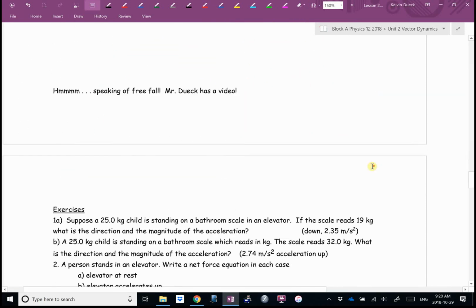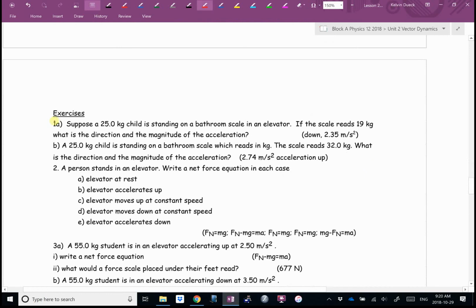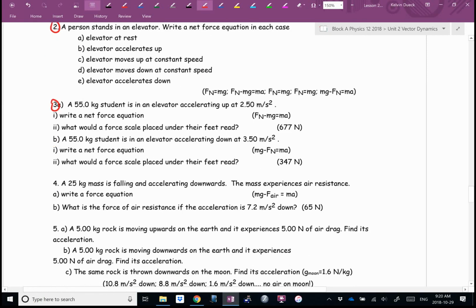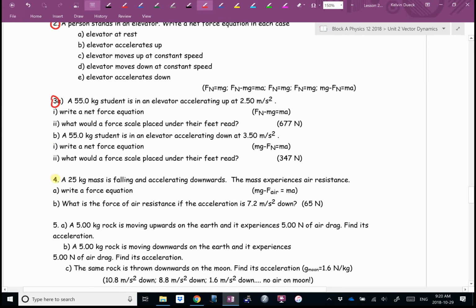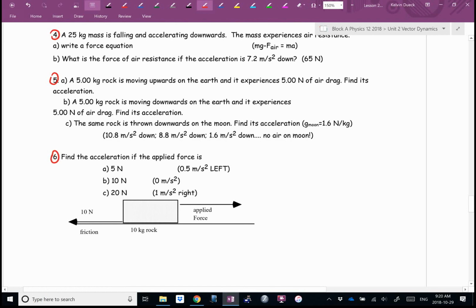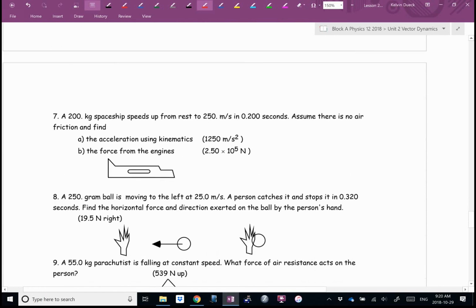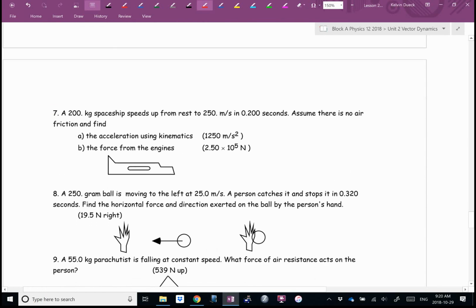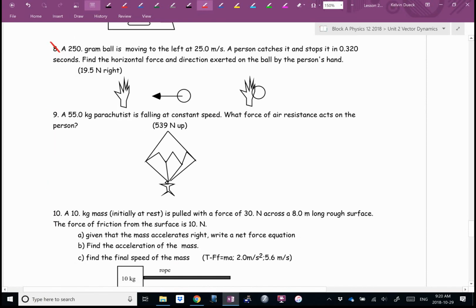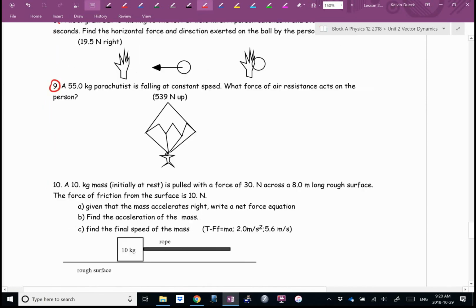What's your homework? Number 1. Number 2, Number 3. 4 is good. 5 is good. 6 is good. 7 is good. Skip 8. 9 is good.